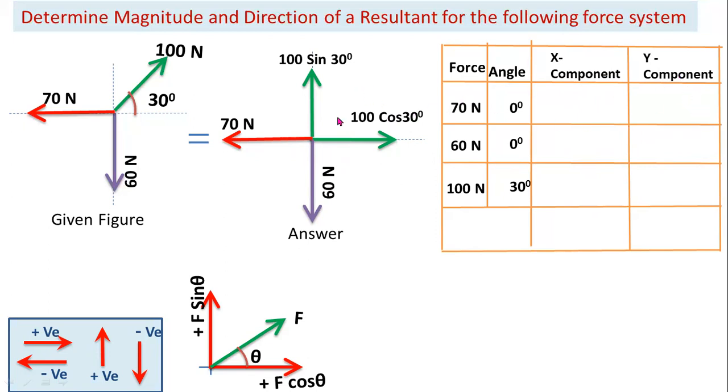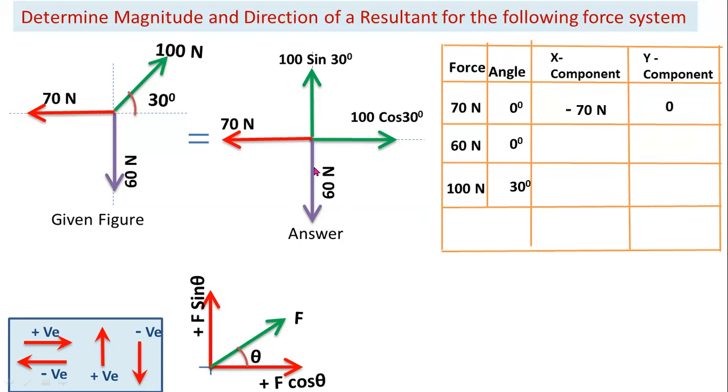Okay, so 17 newton force, the magnitude of this 17 newton force equal to minus 70. Okay, for left side direction you have to consider negative sign. This 17 newton force lies on x-axis, that's why the y component is 0.